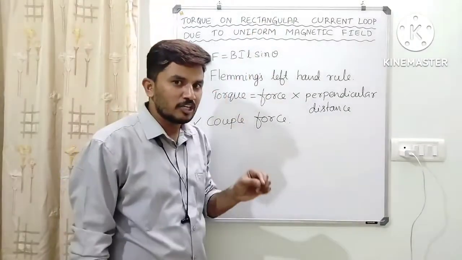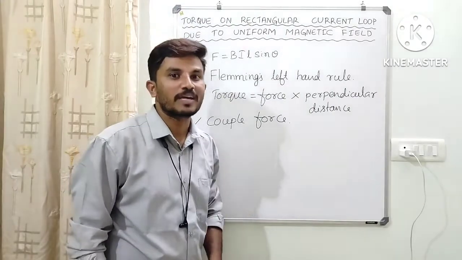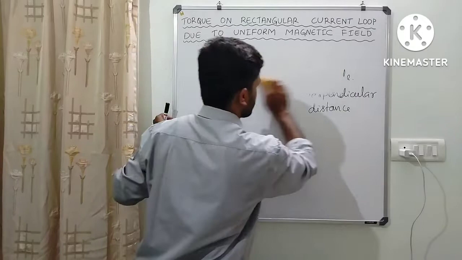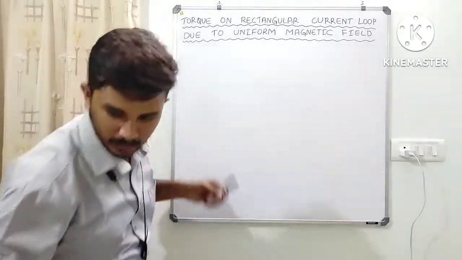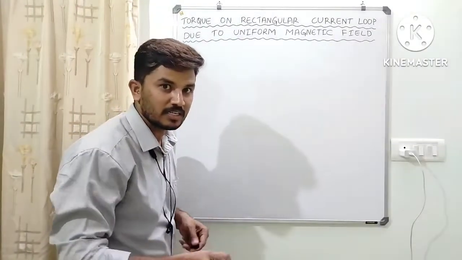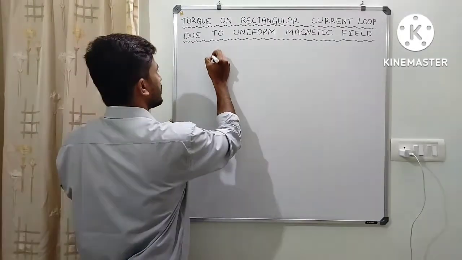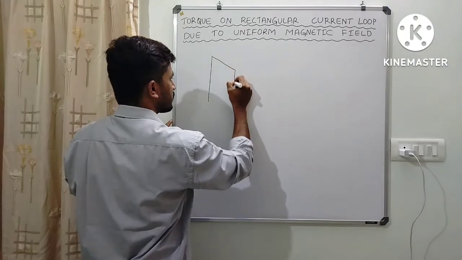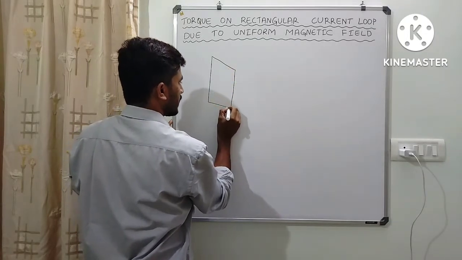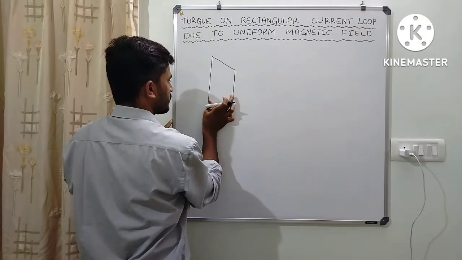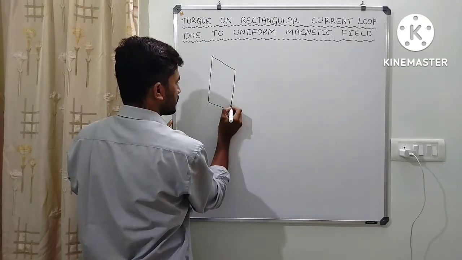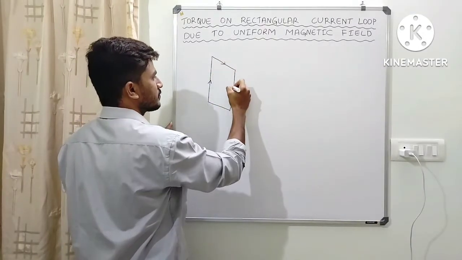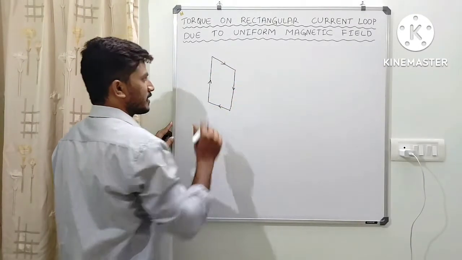Keeping all these things in mind, I am going to explain the torque acting on a rectangular current loop placed in a uniform magnetic field. Now, I consider a rectangular current loop, like this, in which the current is flowing in clockwise direction.